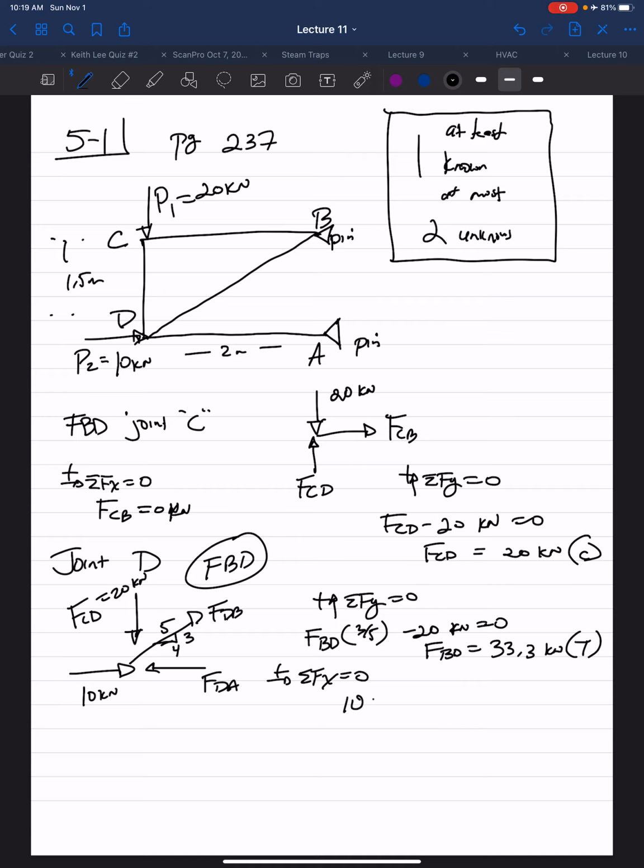You have your 10 kilonewton plus your 33.3 times 4/5 minus your FAD. Solving for FAD, you get 36.7 kilonewtons, and it's in compression. So we solved for every member force. Let's do another problem.